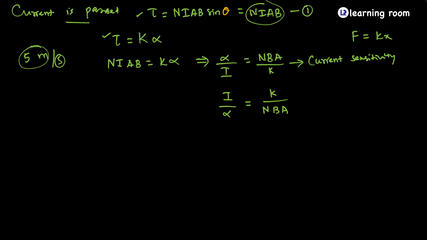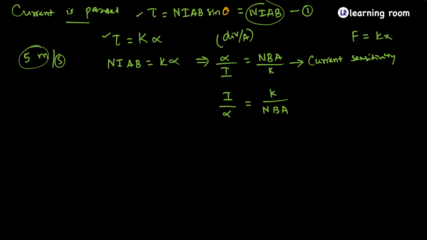In a similar way, if I say alpha by I, for unit value of current that you passed, the deflection, the number of divisions to which the pointer turned, was alpha. So basically here the unit is going to be division per ampere.